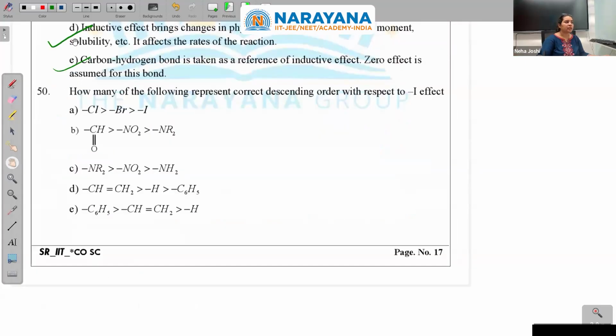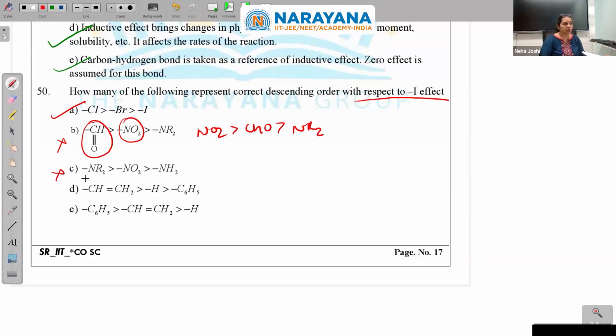How many of the following represent the correct descending order with respect to minus I? Cl, Br, I, correct. Aldehyde and nitro, this is incorrect because the order should be NO2, CHO and then NR2. This is wrong.